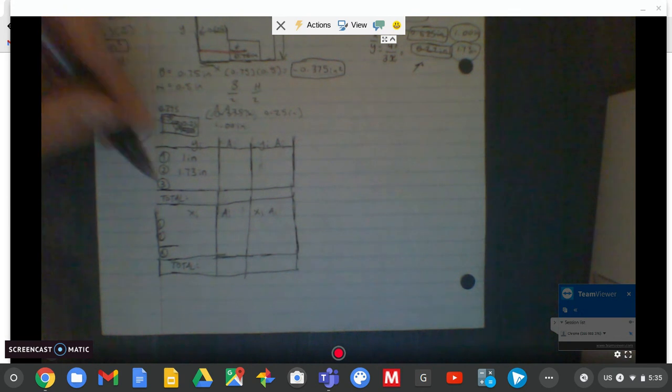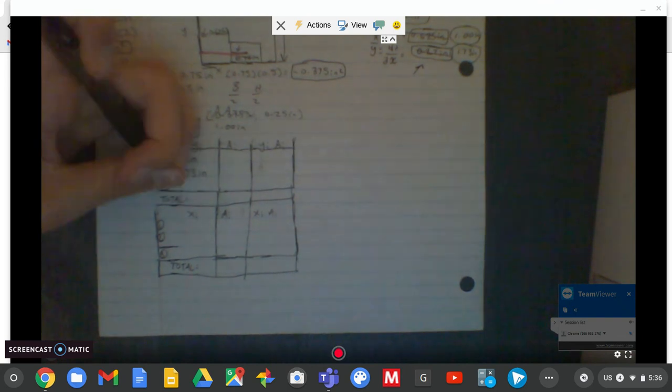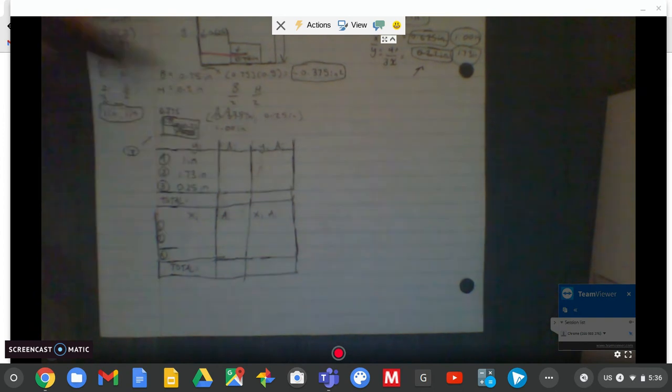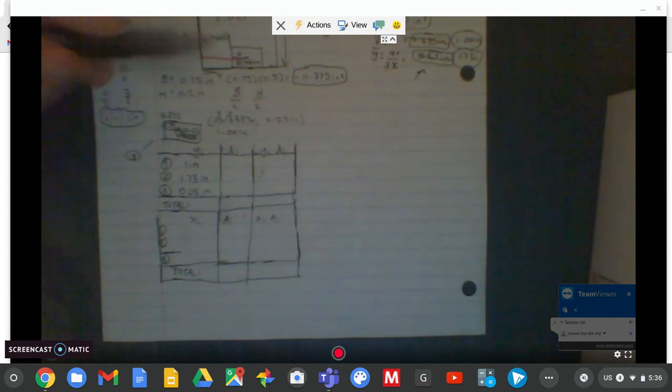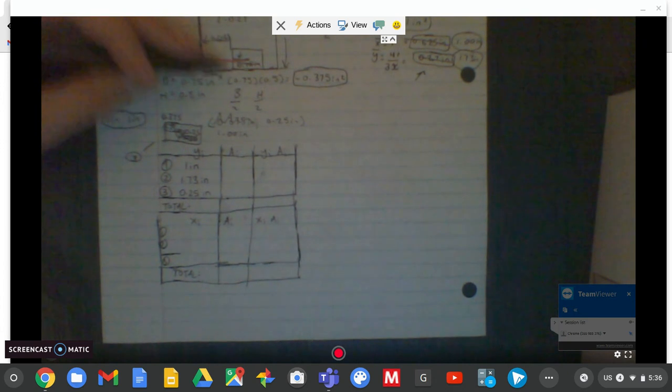Then for shape 3, we didn't have to change that one, it was just 0.25. And you might wonder why. That's because this is the distance. It already is relative. This distance starts on the axis, so we didn't have to change it.